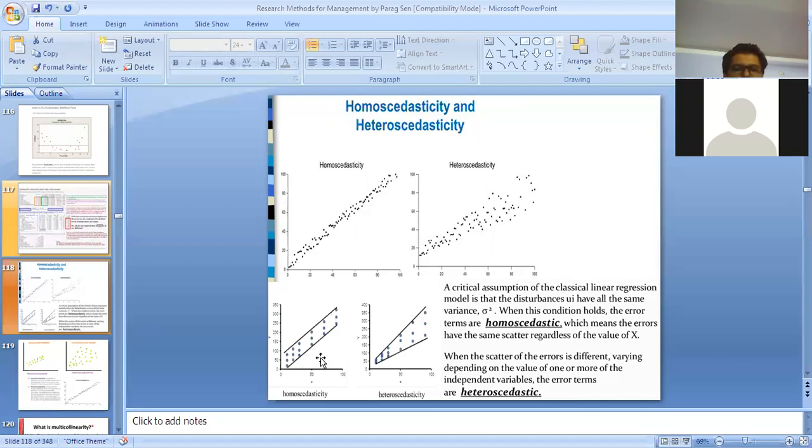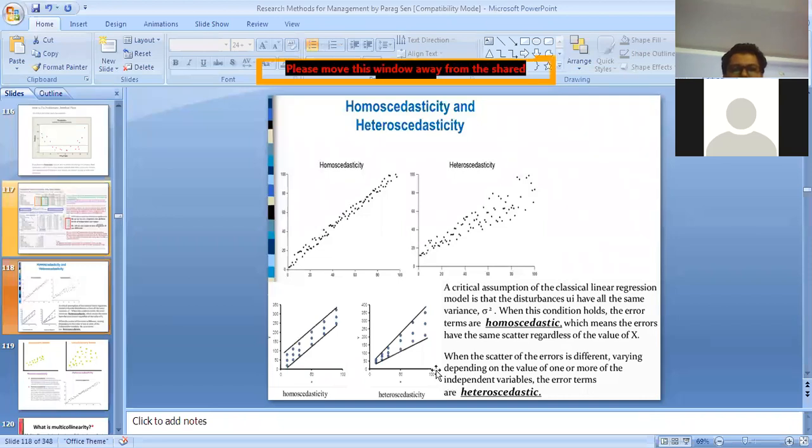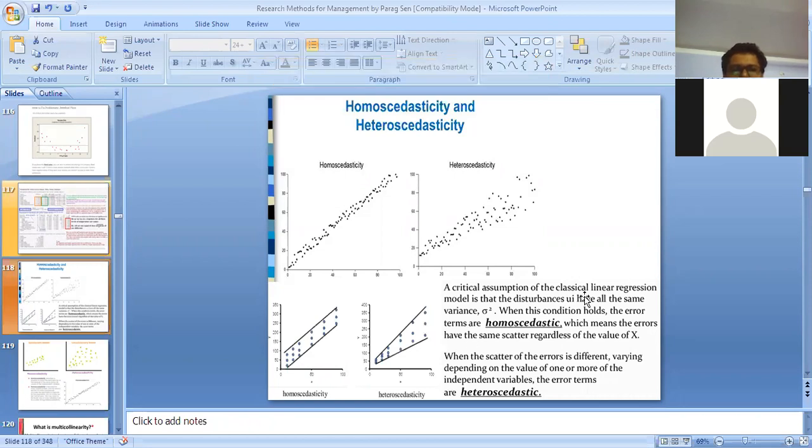Irrespective of the value of x, you can understand that the error terms are more or less constant. So this is the homoscedastic condition, which is actually desired.